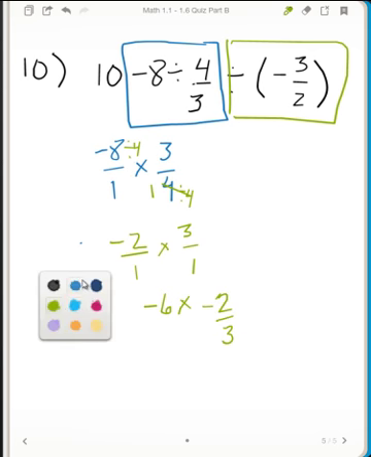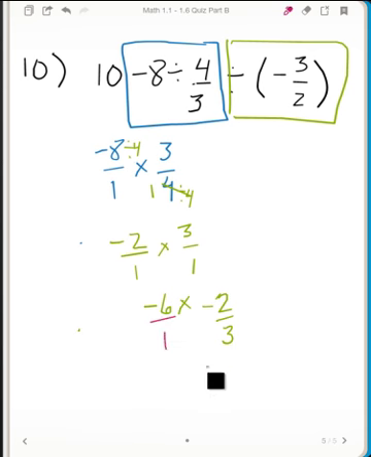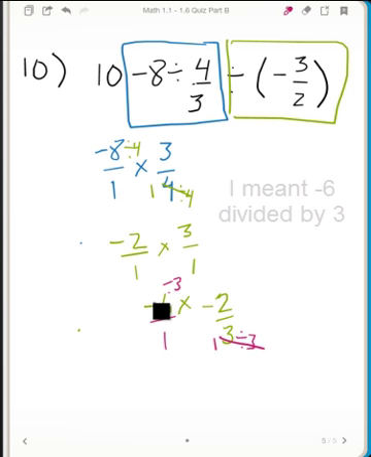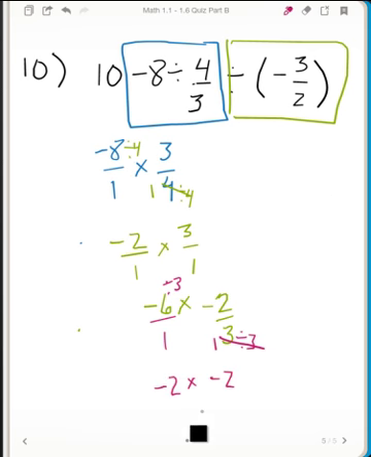I could see here, this is technically over 1, that negative 6 and 3, I could reduce this to make it easier again for myself. I'm going to divide each by 3, because negative 6 and 3 could both be divided by 3. I'm going to have nothing here in the bottom, because it's going to become a 1. And then negative 3 divided by 3 is going to give me negative 2 times by negative 2. Now I have negative 2 times by negative 2.